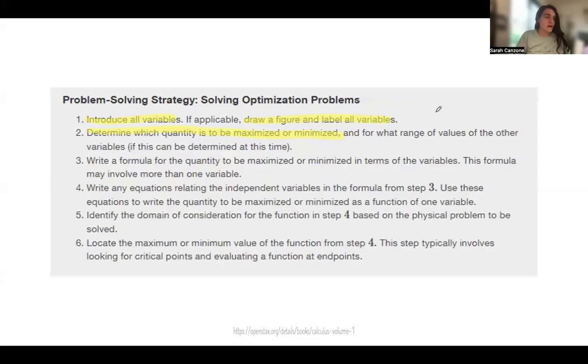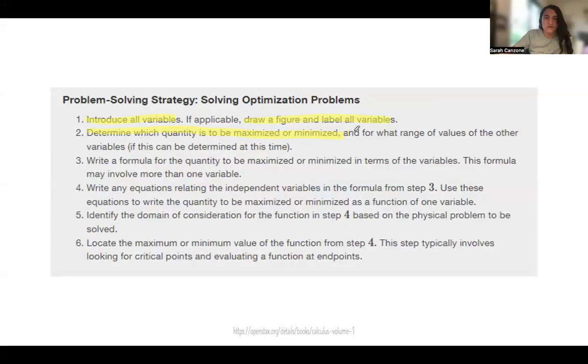For example, area and perimeter might be the two equations that we create, and we're looking to maximize area. So that's the equation we want to find the derivative of. So it's very important that we find both equations if we need two, and understand what exactly we're maximizing or minimizing, because that's what we're deriving.